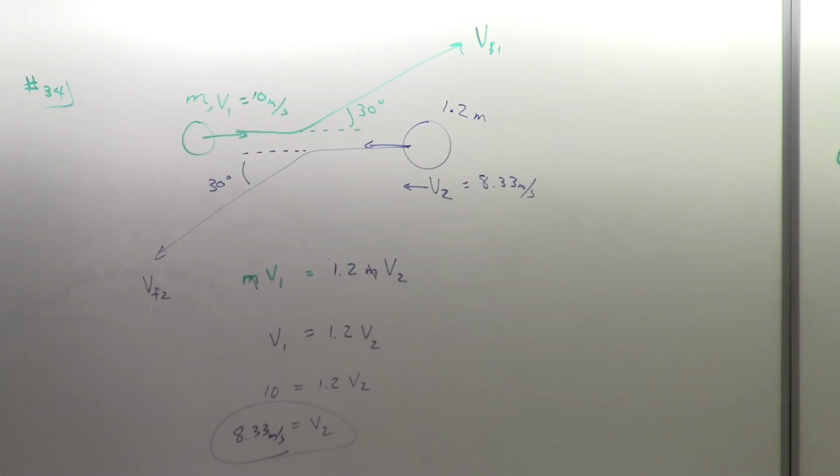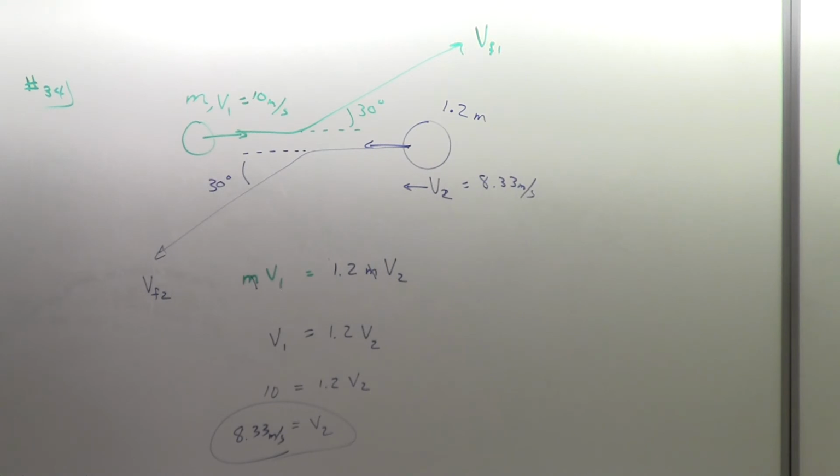Its mass is 1.2 m. Let's see, its final speed is going to be V final number 2, and it would be cosine of 30 degrees. And did I get it right? That's its mass, that's its speed, that's its angle, that's its mass, that's its speed, that's its angle.